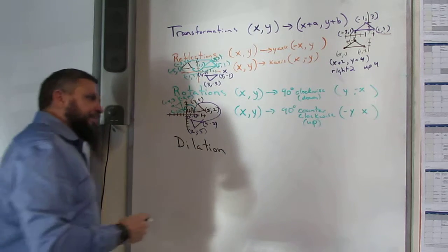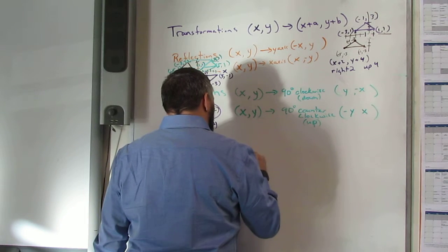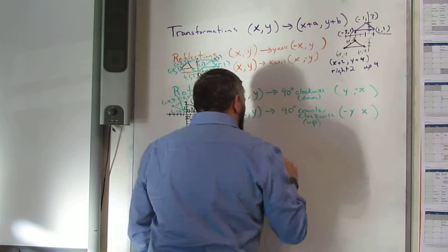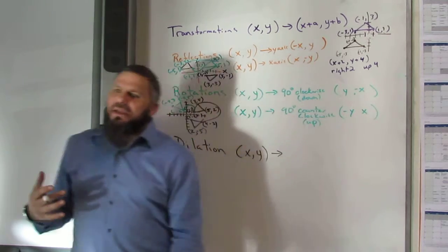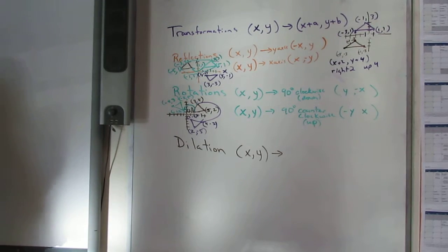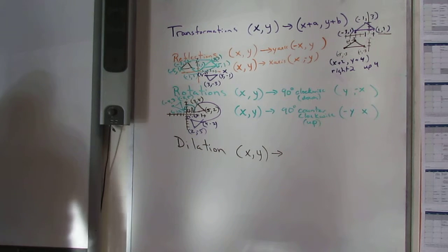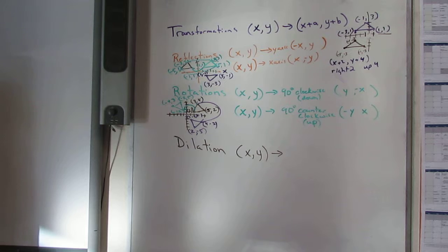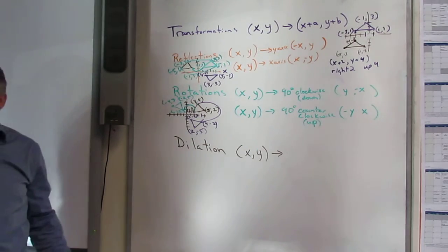All right, so think of what happens when we dilate. Do things get bigger or smaller? So I have half of you say bigger, half of you say smaller. Who says bigger? I got 4. Who says smaller? I got 2. Nice. Yeah, back there.